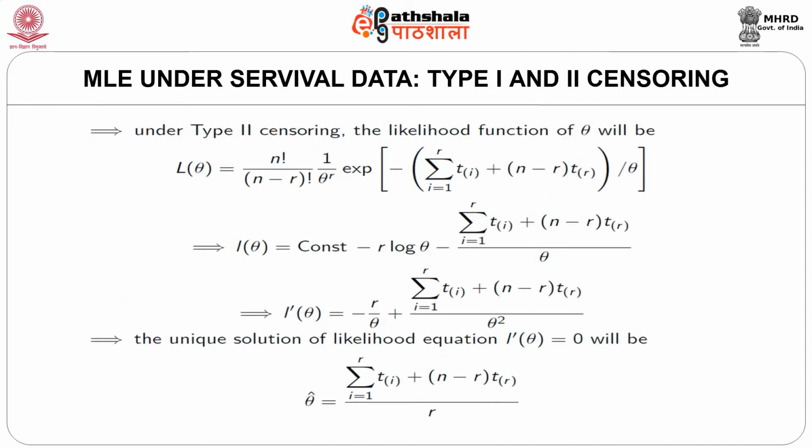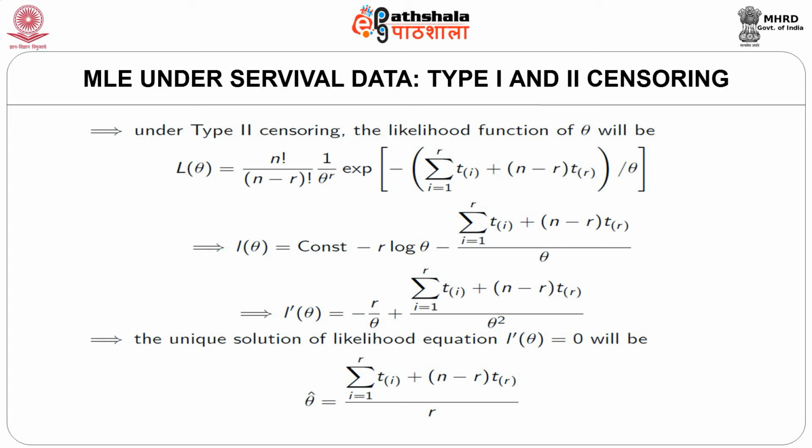This implies under type 2 censoring, the likelihood function of theta will be capital L theta equal to n factorial by n minus r factorial times 1 by theta to the power r times e to the power minus t order 1 by theta, and so on, into e to the power minus t order r by theta into e to the power minus n minus r into t order r by theta.